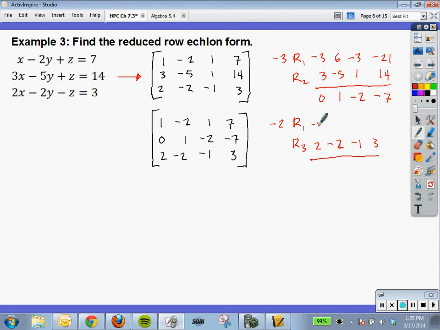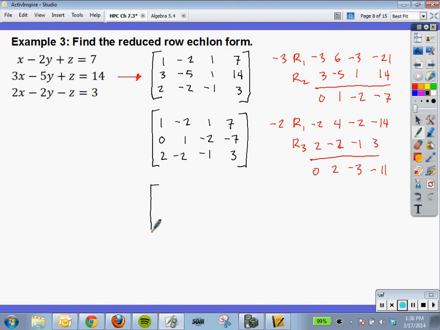Okay, so we have a -2 for a -2 and minus 14 there. Okay, a little better, right? So then we add straight down and we get 0, 2, 3, and minus 11.